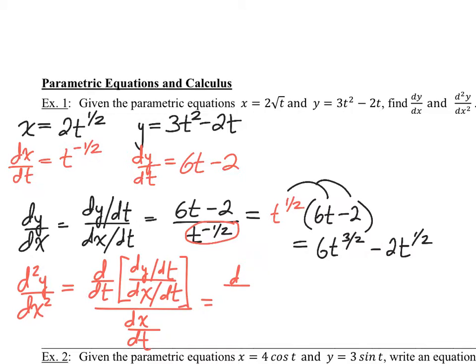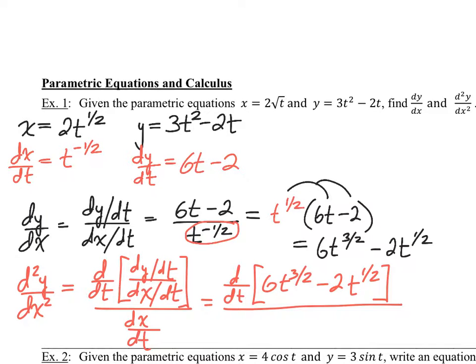So the derivative with respect to t, I'm going a little heavy with the notation. You wouldn't necessarily write all this. You can skip around stepwise. I'm just doing it for note-taking purposes. So 6t to the 3/2 minus 2t to the 1/2. That's what I'll be differentiating. But on the bottom, dx/dt, I already know that. That's t to the negative 1/2 power.